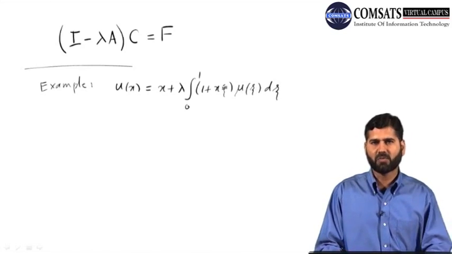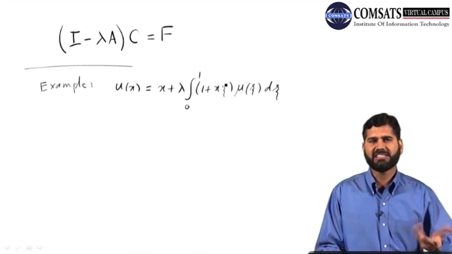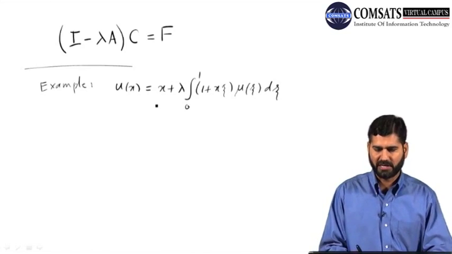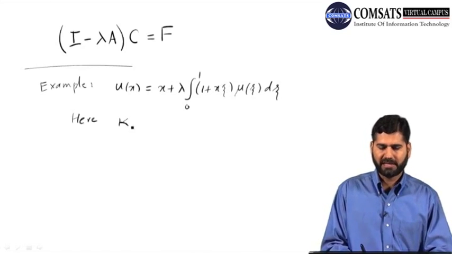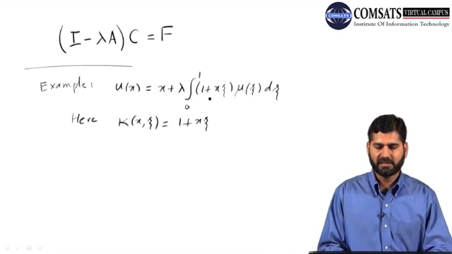You can write eta if you want; I wrote xi. We are using t, xi, eta, anything. This is a dummy variable, so it's your choice. Here your kernel K(x, xi) is 1 plus x xi. This is clearly a degenerate kernel.